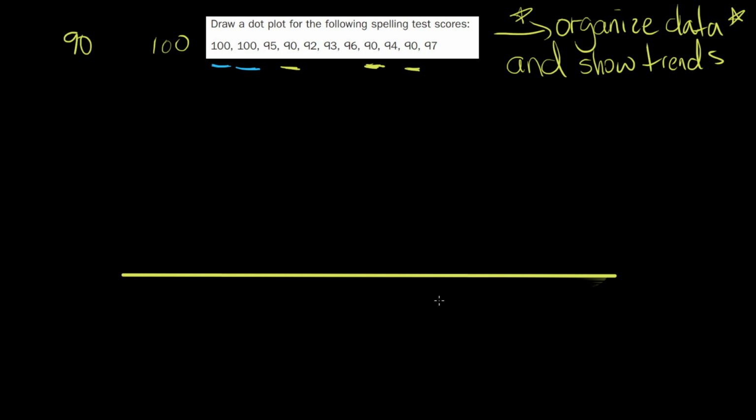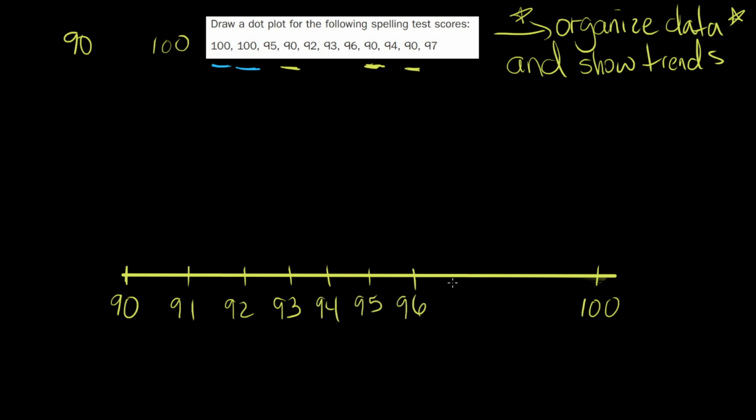Okay, so we have this range from 90 to 100. So the range on our line should probably go from 90 to 100. And we have some numbers in between: 91, 92, 93, 94, 95, 96, 97, 98, 99.